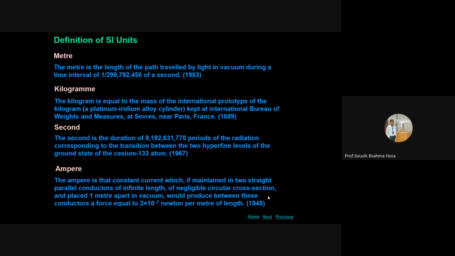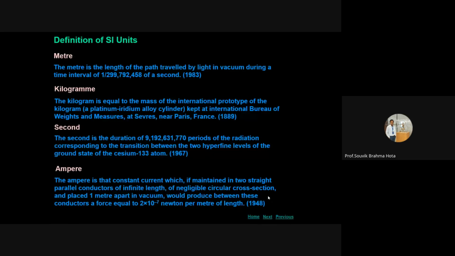And ampere: it is that constant current which, if maintained in two straight parallel conductors of infinite length and negligible circular cross section, placed 1 meter apart in vacuum, would produce between these two conductors a force of 2 into 10 to the minus 7 Newton per meter of length.